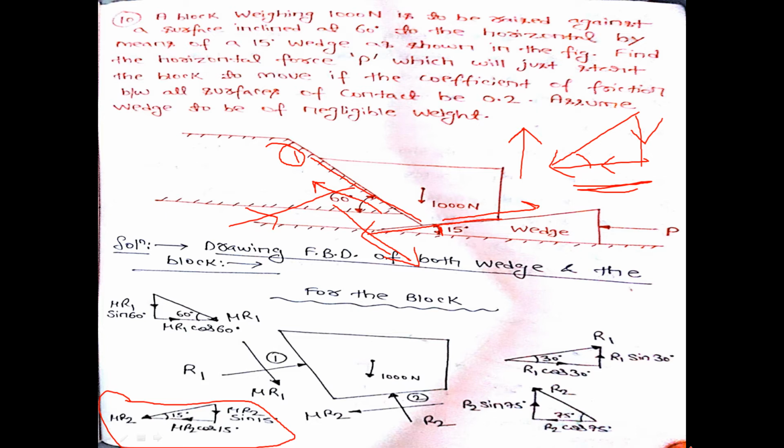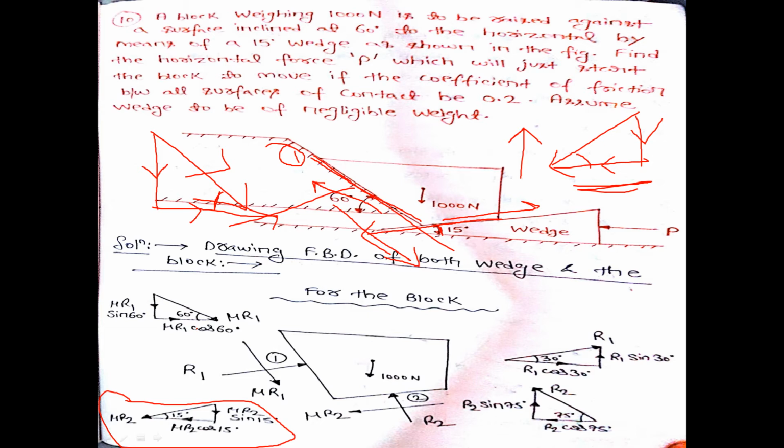Now let us resolve this mu times of R1. Now I can see that this angle is 60 degree and this is my mu R1. So this will be mu R1 cos 60 and this will be mu R1 sin 60.